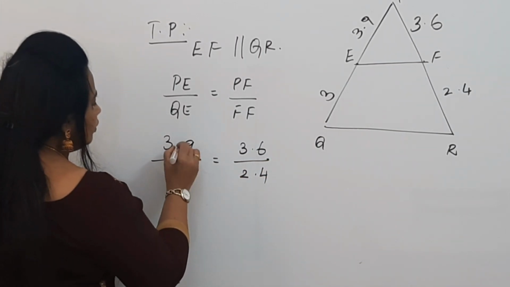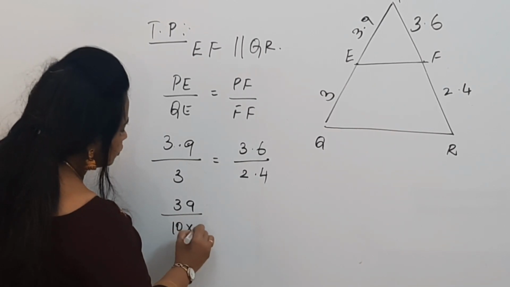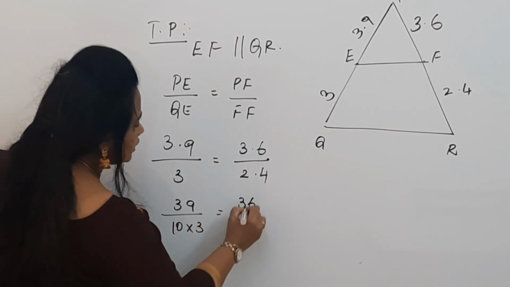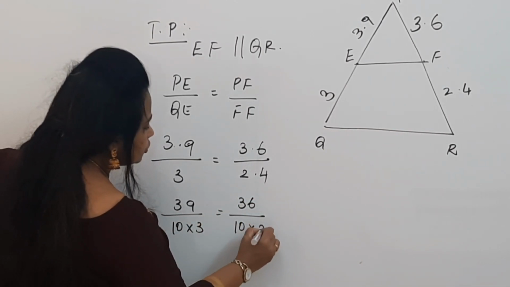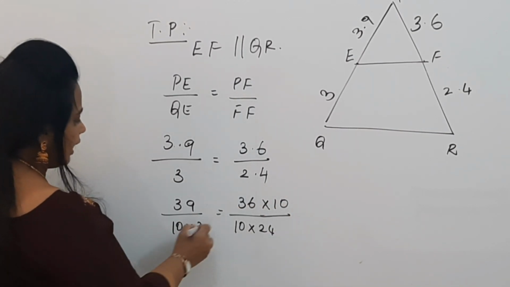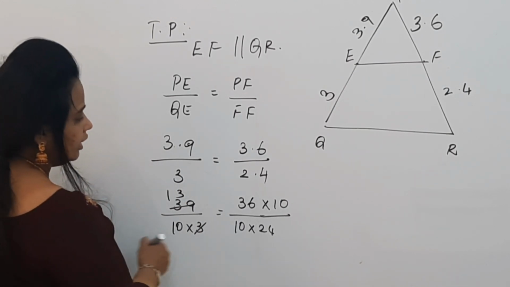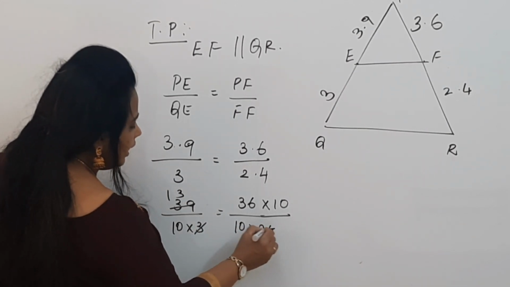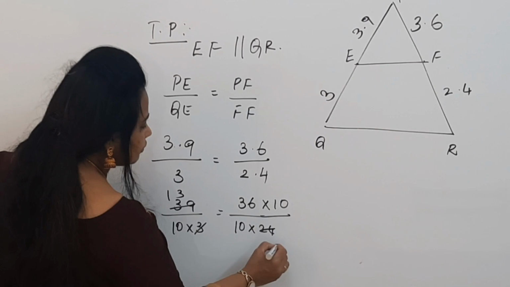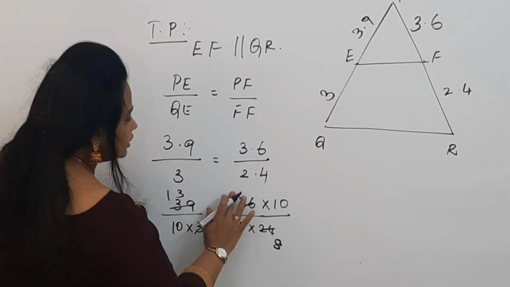As I told you, you will make the fraction 39 by 10 into 3, which is equal to 36 by 10 into 24. This becomes 10. Now, you will cancel it. This and this gets cancelled. 1 3s are 13. Now, this you can cancel. 8 3s are 24 and 1 3s are, no, this is not possible.